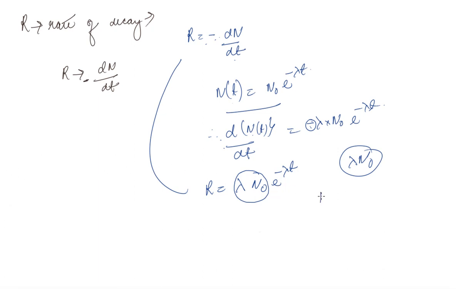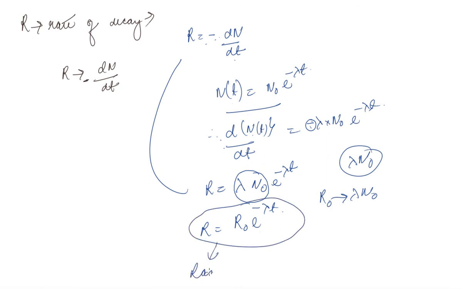So R naught is actually equal to lambda into N naught. So this equation can be converted into R equals R naught e to the power minus lambda t. Now this is also one form of the radioactive decay law.